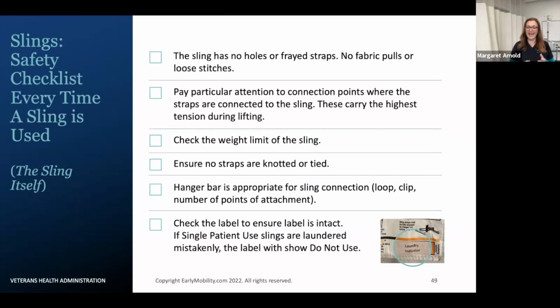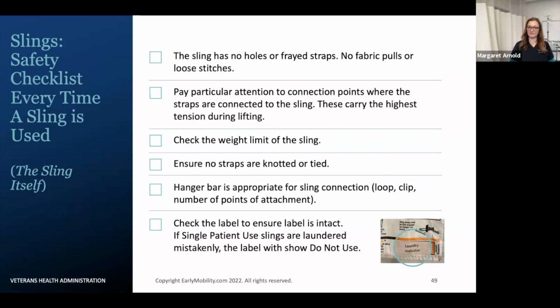Safety checklists. Every time you use a sling, you should check that the sling has no holes or frayed straps. It has no fabric fraying or thinning, no loose stitches. Pay particular attention to connecting points where the straps are connected to the sling. These carry the highest tension during lifting.